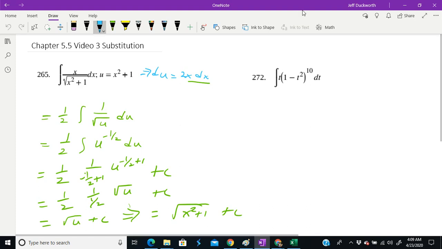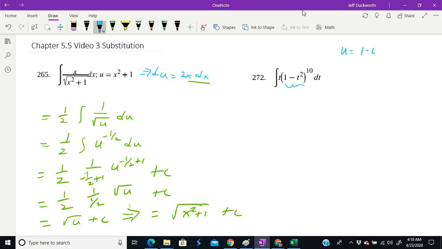In this, to the 10th power here, we've got something with t, not r, t to the second power, and the derivative of t to the second power is going to be a t to the first power or some form of that, and that's what we have outside. So we're going to let our u equal the inside there.